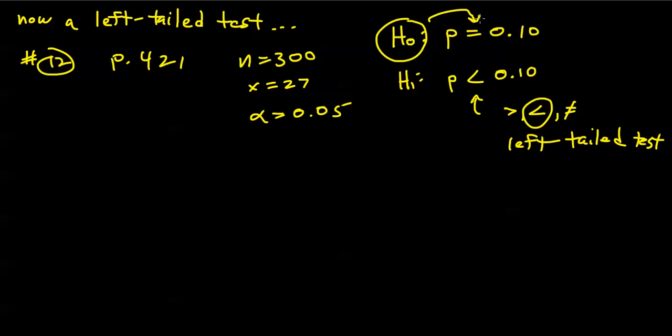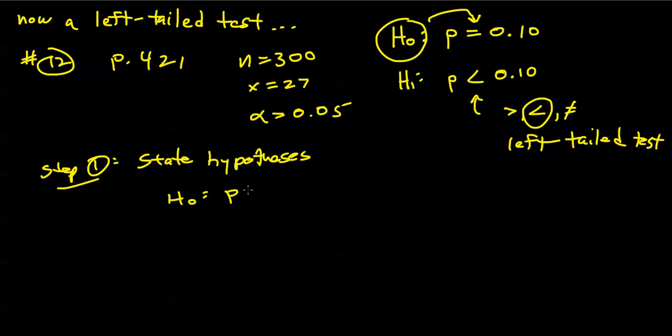Okay? So, step 1, already done. State the hypotheses. Nice and formal. H0: little p is 0.1. H sub 1: little p is less than 0.1. Okay?